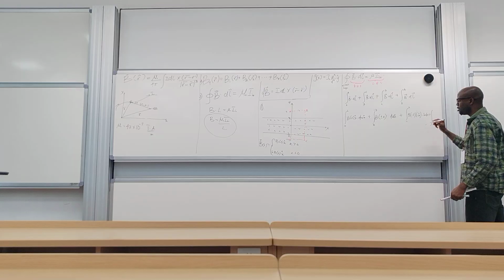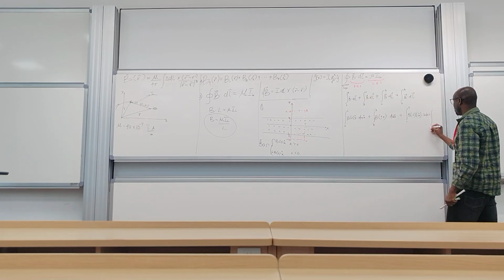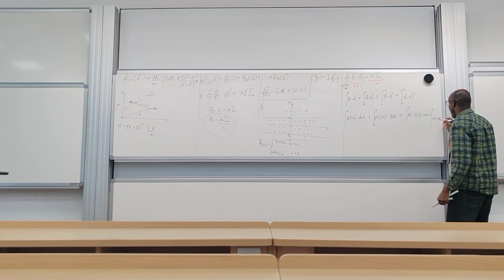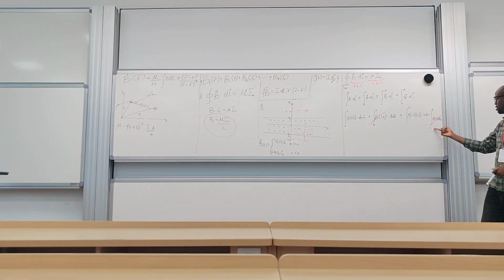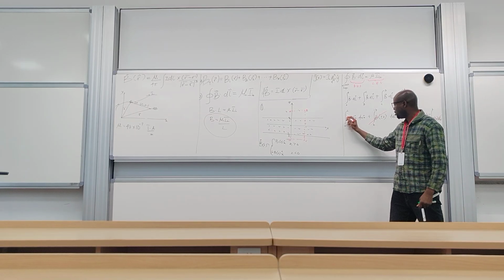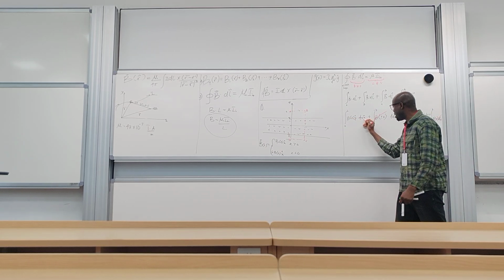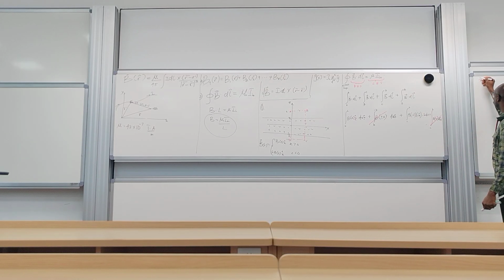And finally, D to A is going from minus H to H of B, plus or minus X, dz Z unit vector. In this case, this cancels out, because this is the negative of the other. And then we only have what? If you integrate this, X unit vector times X unit vector is 1. I've told you before that when you dot unit vectors together, it will give you 1.